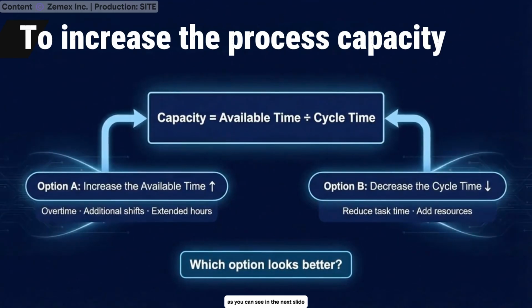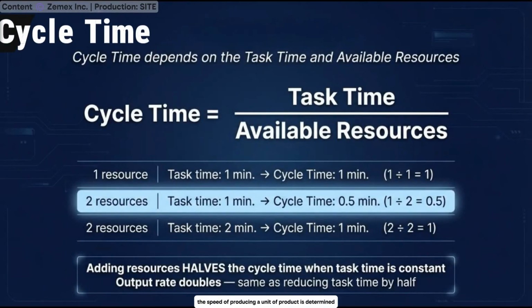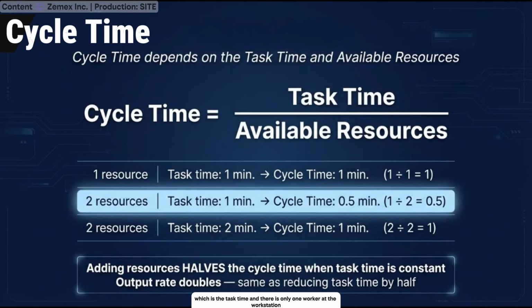The speed of producing a unit of product is determined by how quickly the task is completed and also by the number of workers at the workstation. For example, if it takes 1 minute to take care of a specific task, which is the task time, and there is only 1 worker at the workstation, the speed of producing the output at the end of this workstation will be 1 minute, meaning that you will get 1 output every minute.